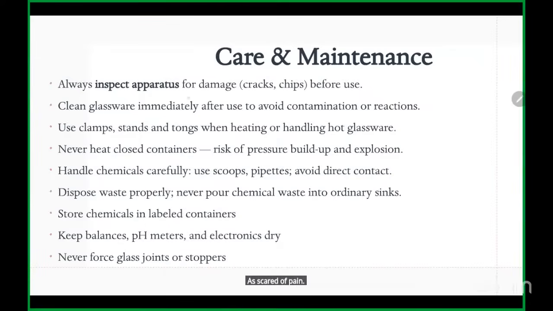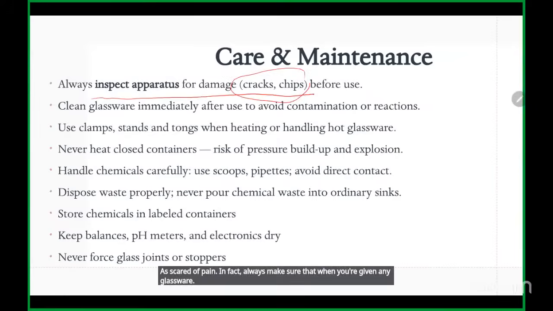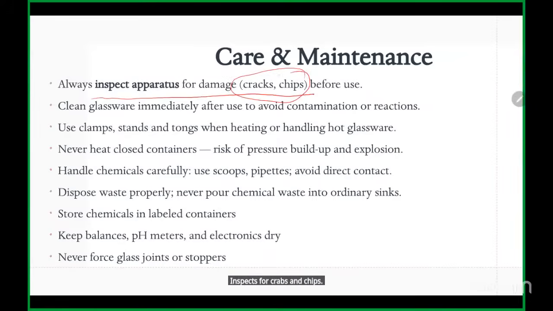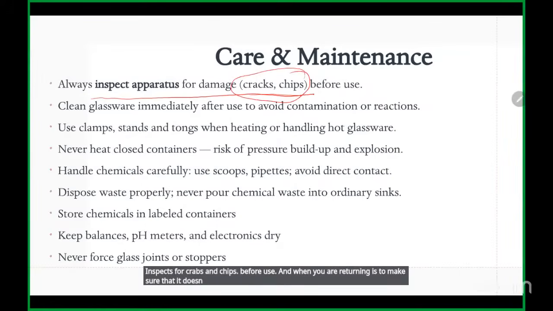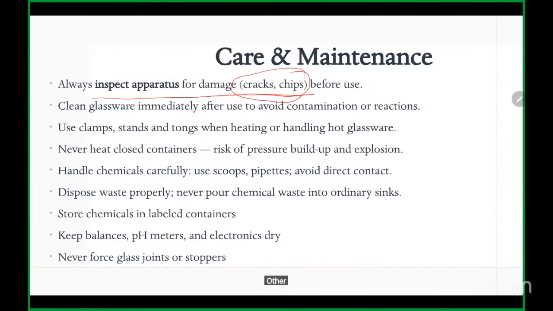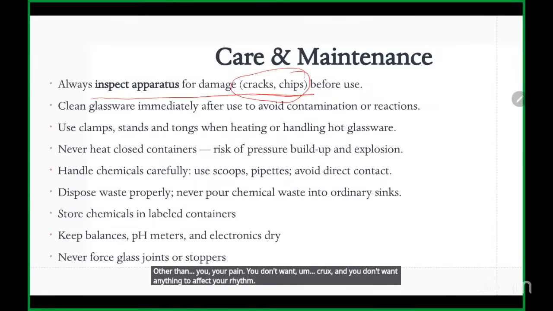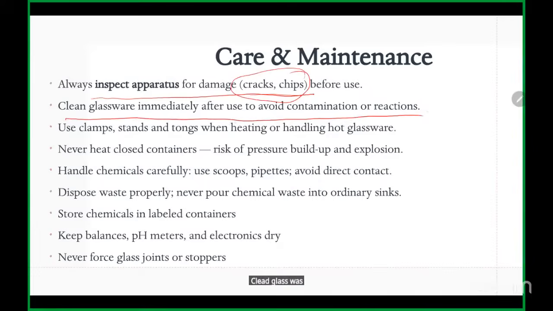It's important before you use any apparatus, those of you that are scared of paying, always make sure that when you're given any glassware, inspect for cracks and chips before use. And when you are returning it, make sure that it doesn't have cracks. Other than you paying, you don't want anything to affect your reading. Clean all glassware immediately after use to avoid contamination or reactions.